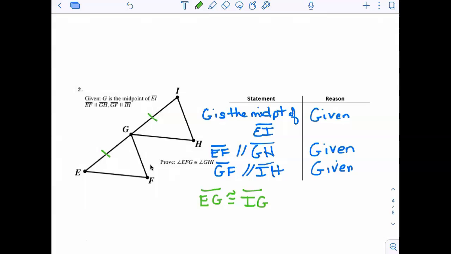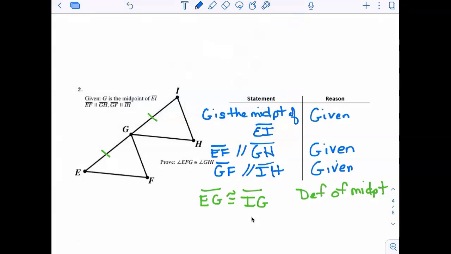I got it backwards there. Okay, because E to G would correspond with I to G, okay? And so that is by definition of midpoint.